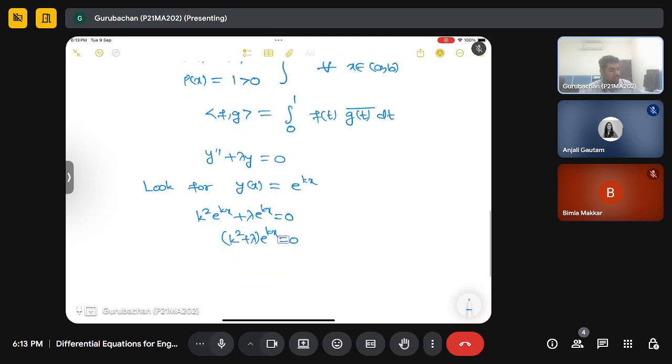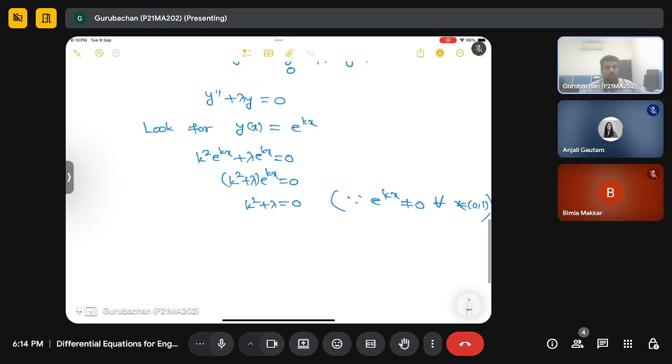Since e to the power kx cannot be 0, it implies k square plus lambda is 0. Now you have to divide into cases, because lambda belongs to R. There will be three cases: lambda greater than 0, lambda equal to 0, and lambda less than 0. These three cases you have to deal with.